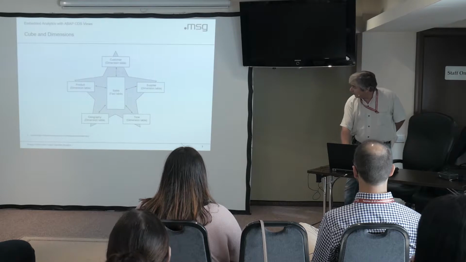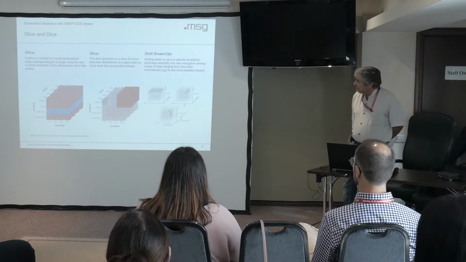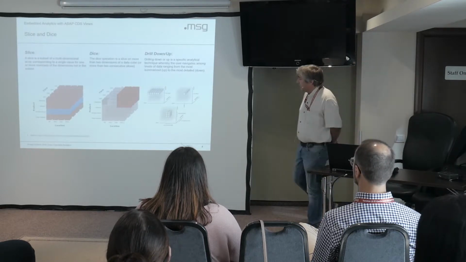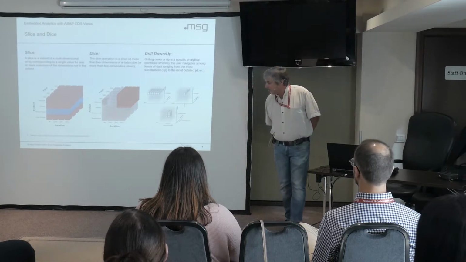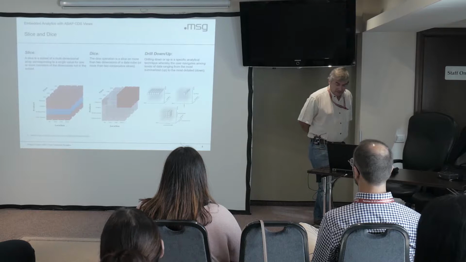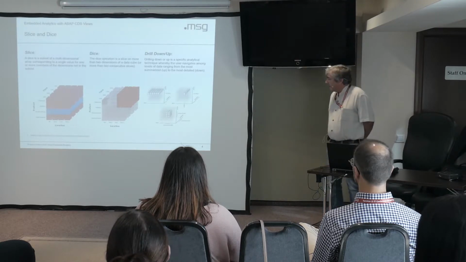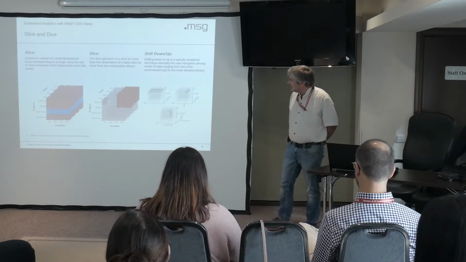The strength of the cube is the possibility to slice, dice, and drill up and drill down. This means that you have a lot of data and you can filter, you can slice.